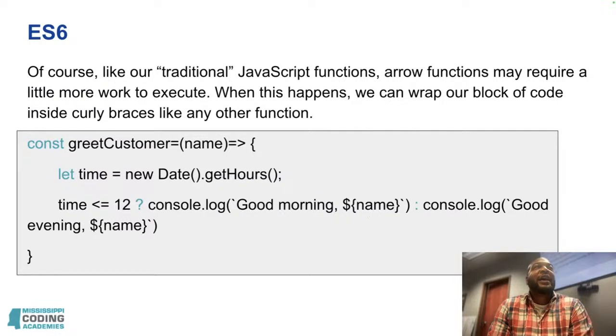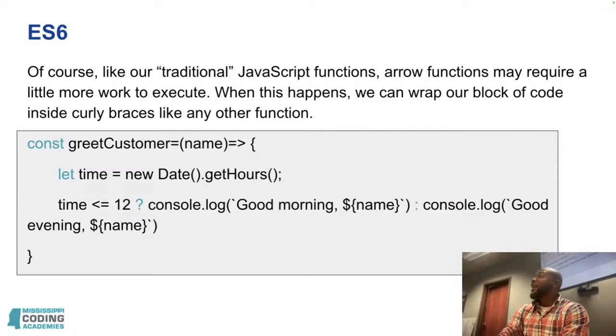Of course, like our traditional JavaScript functions, arrow functions may require a little more work to execute. When this happens, we can wrap our block of code inside curly braces like any other function, and that's what we just did with the num squared. Here we have const greetCustomer, takes the name as an argument, saying let time get new Date dot getHours.